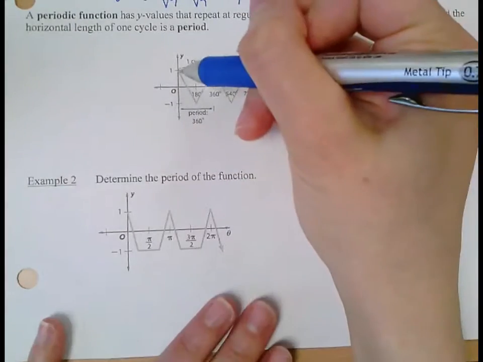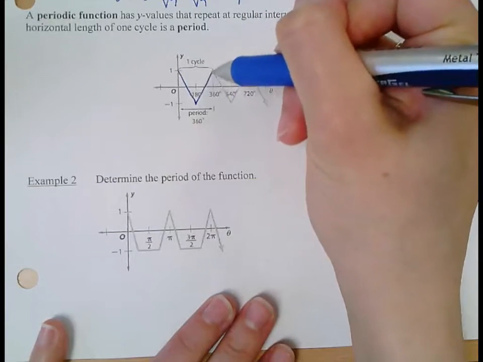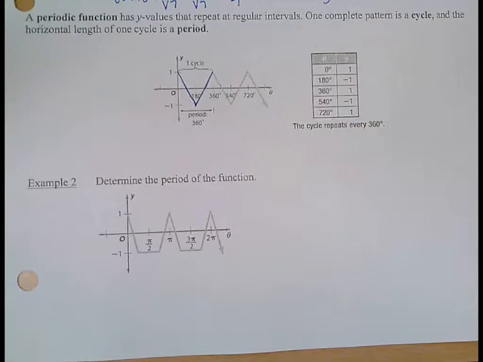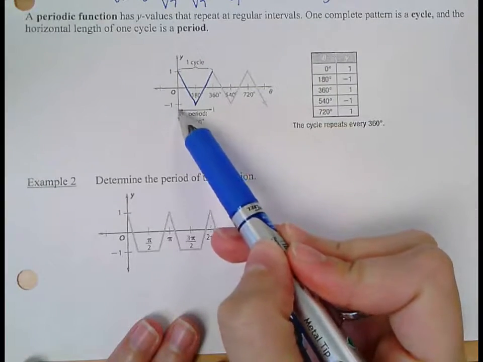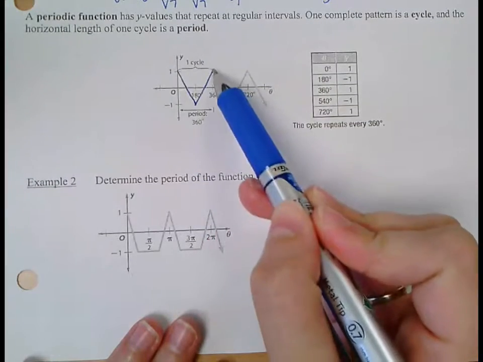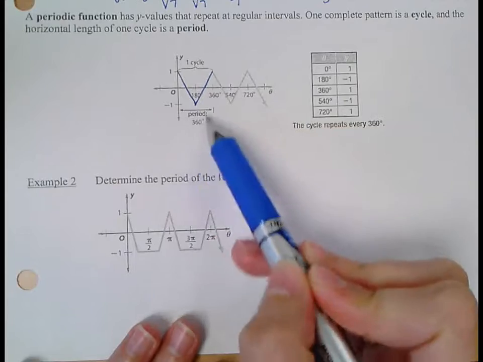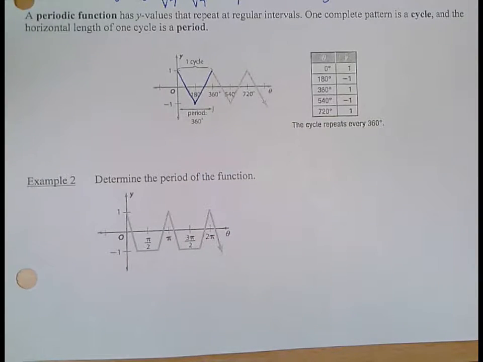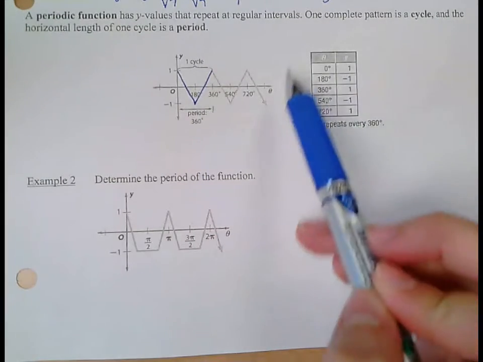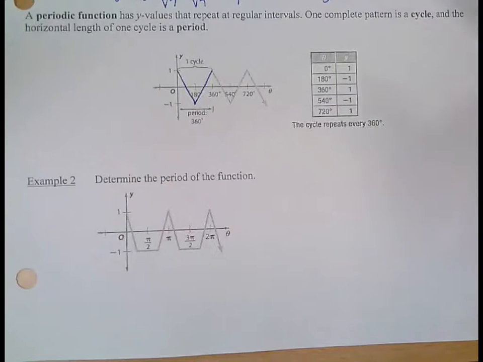So 1 V is a cycle, because then that V continues to repeat, and then 1 period would be the length of that V. So it starts at the x value 0, ends at the x value 360, so the period is 360 degrees. You can see that from the table as well.